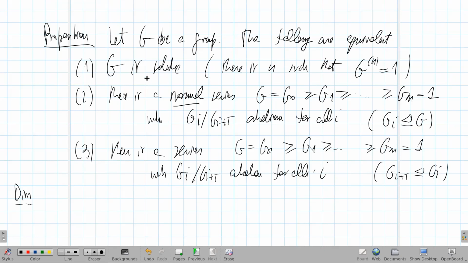So you see, if G is soluble, then this is 1 implies 2. Then the G_i, if you take G_i to be G^(i), is a series as in 2.